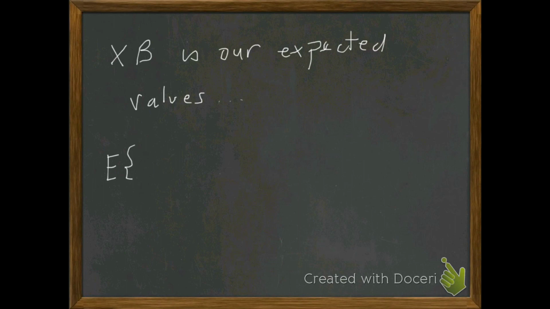So it follows that our expected value of our y sub i's is equal to beta 0 plus beta 1 x sub i.